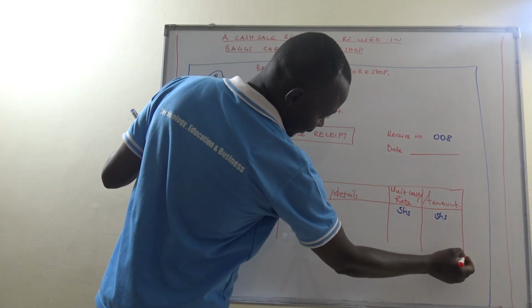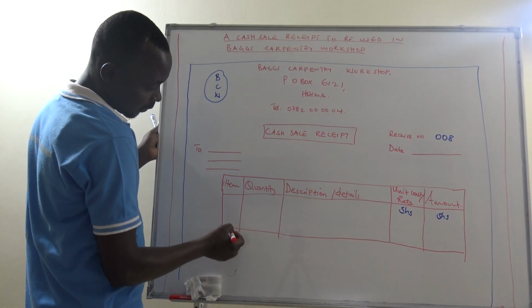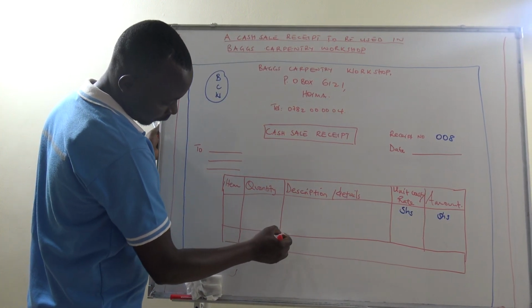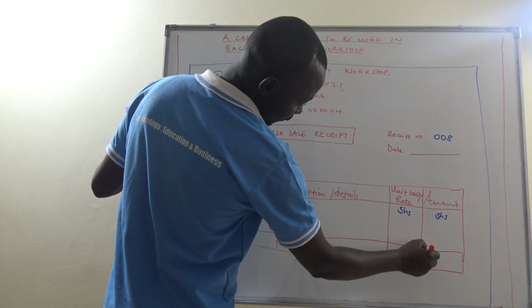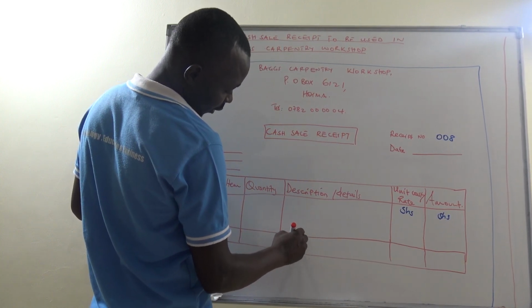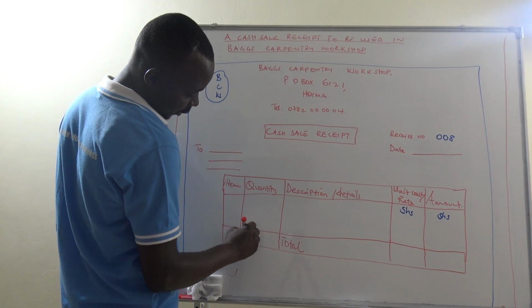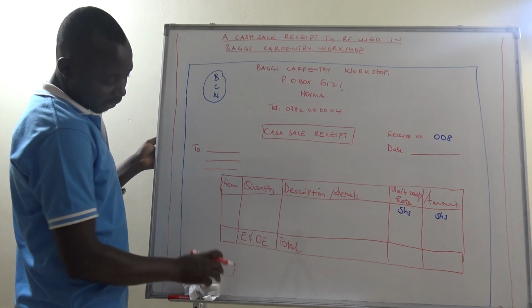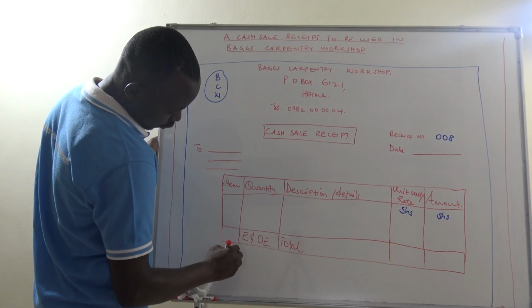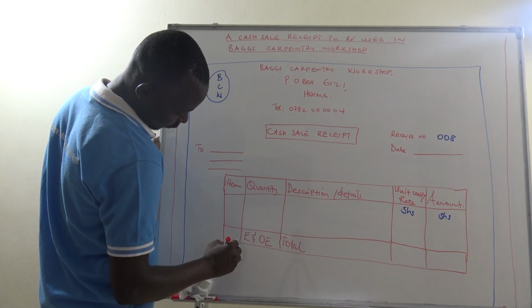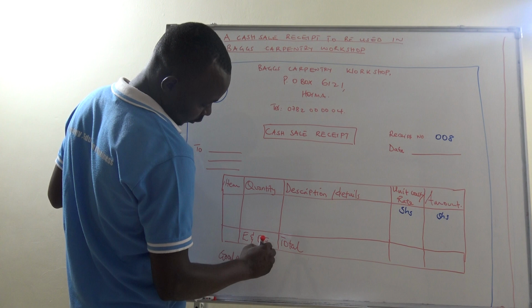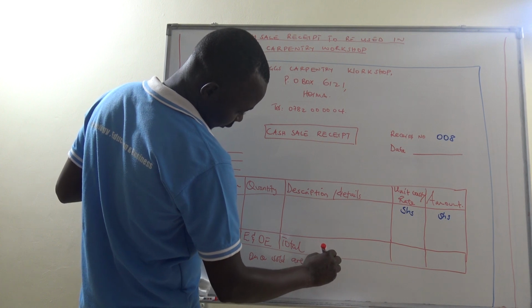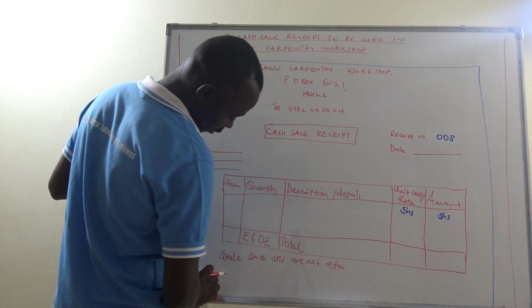You can just put a line here, put another line there, put the word total here, put the word E and OE. Don't forget our statement: goods once sold are not returnable.